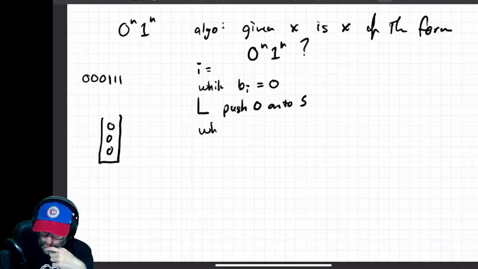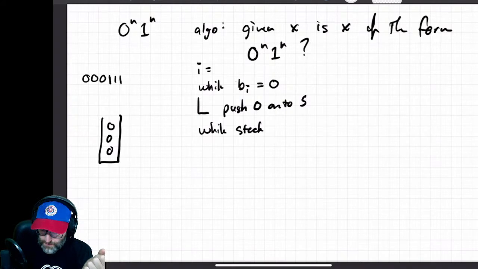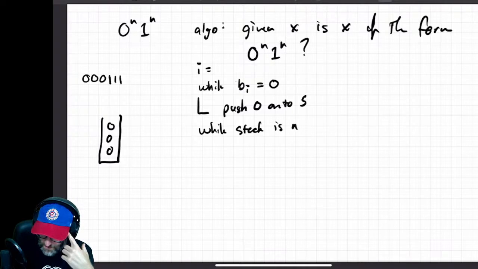Now, once we first see that first one, then of course we jump out of this while loop. While b sub i is 1, right, we will pop from s.